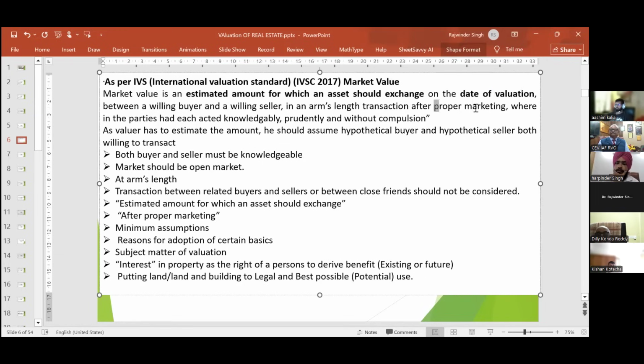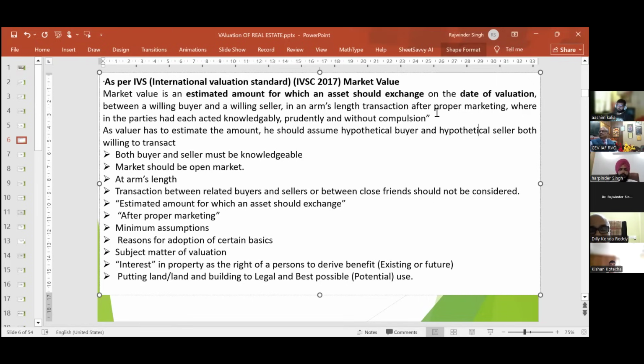Next is after proper marketing. Especially in case of real estate, the problem is that you cannot sell your property as in the case of gold. You go to the market, you sell your gold. But this is not in the case of real estate property. You need certain time for transaction. You have to make advertisements in the newspapers, or you have to tell certain property dealers that you are ready to sell your property, and you need certain time.